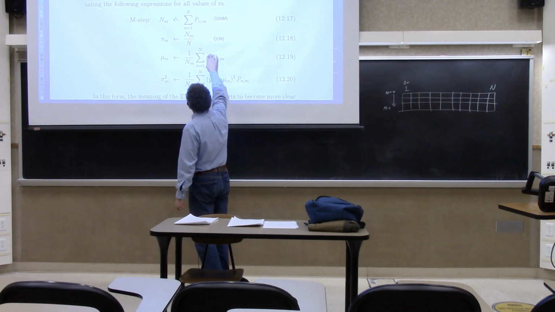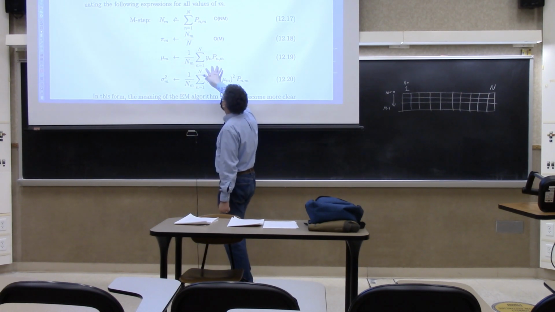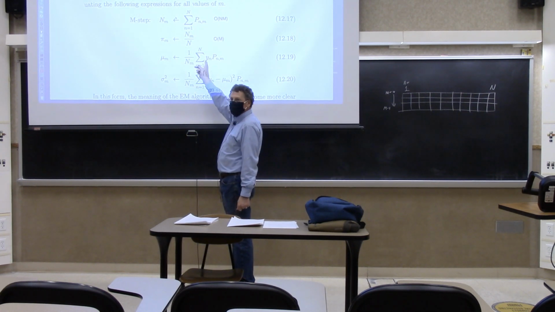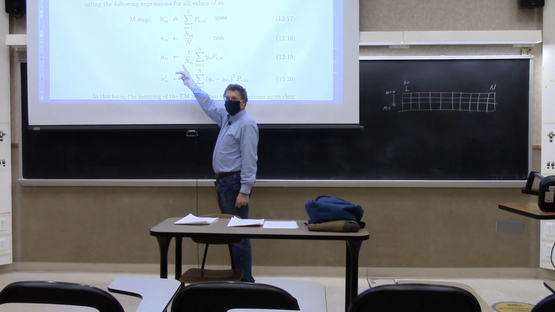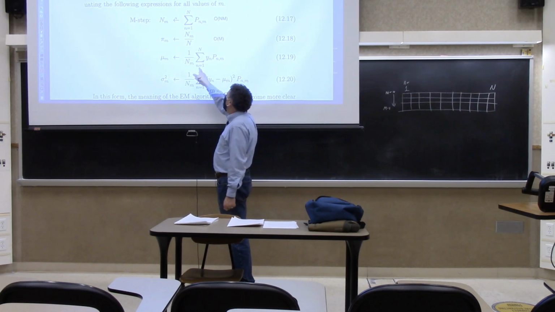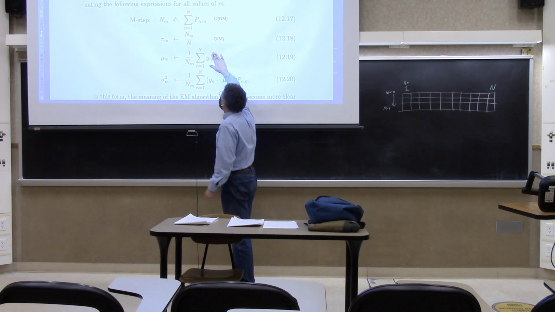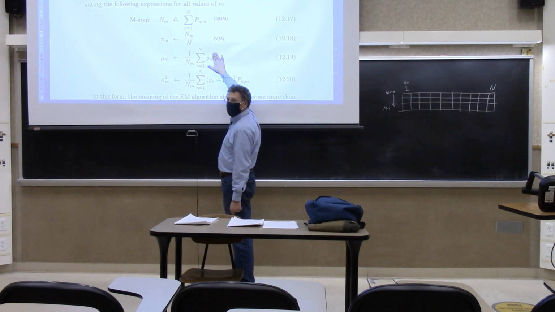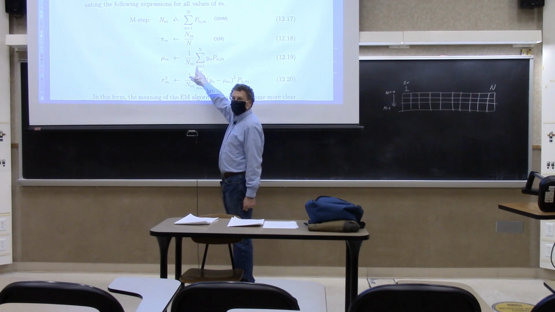Then the next thing here is computing the expected value of the observation y for that class. If you didn't have this, that would be just the average, right? But this is a weighted average where you weight by the probability that it's in a category.